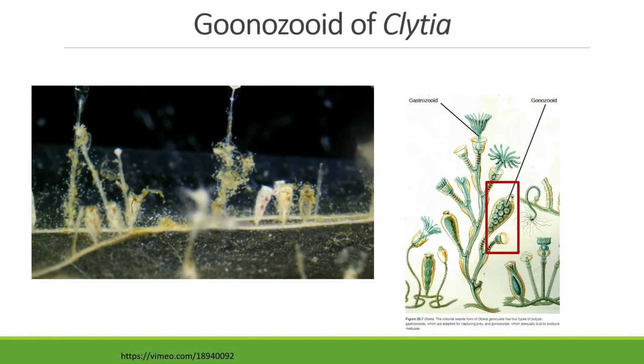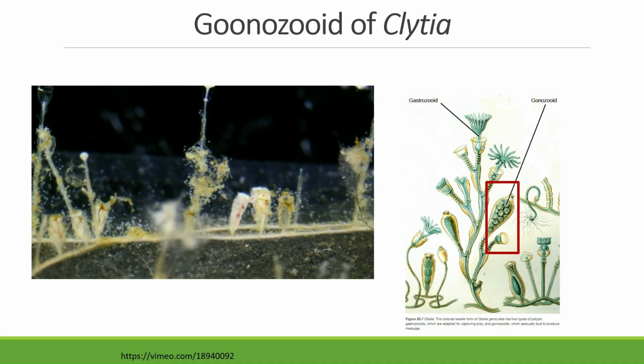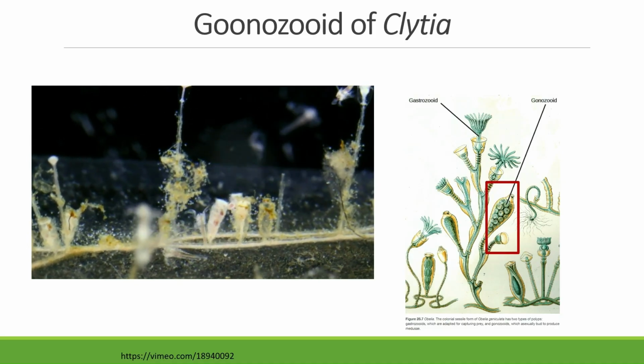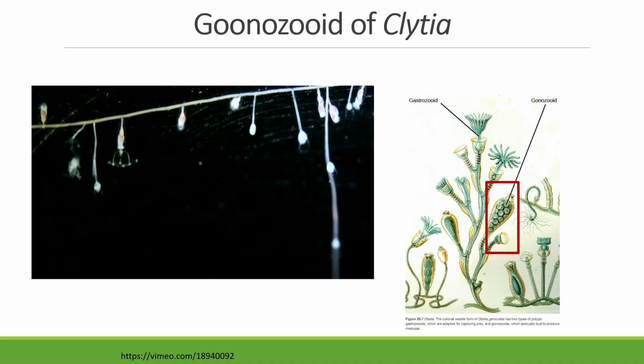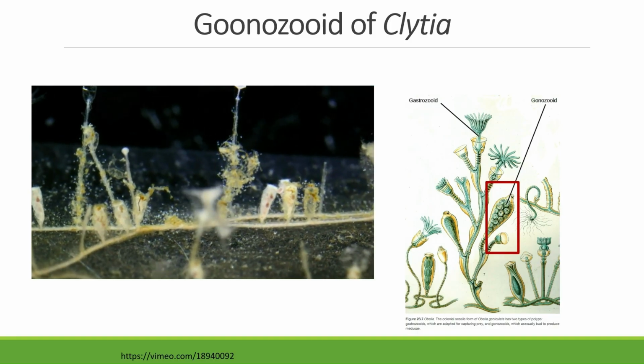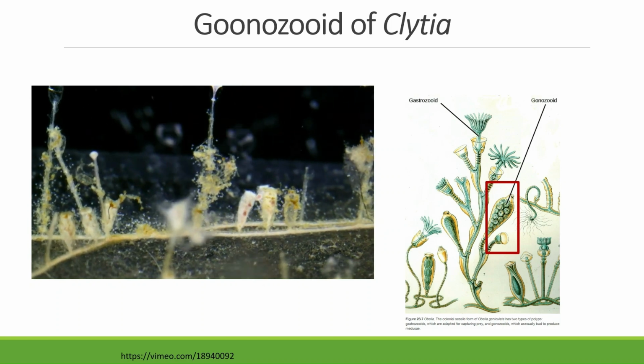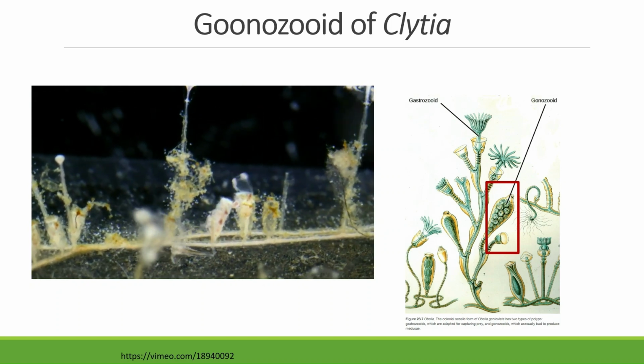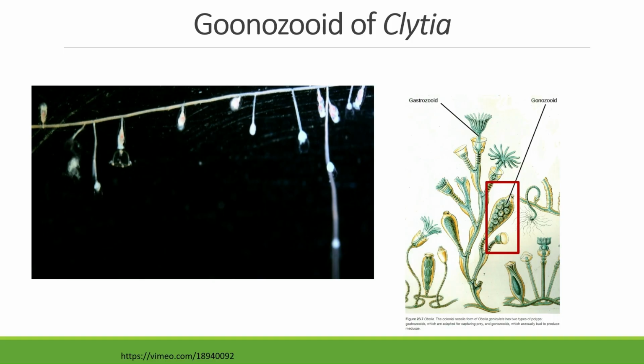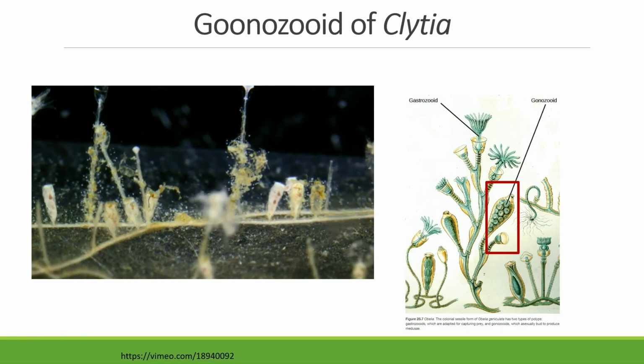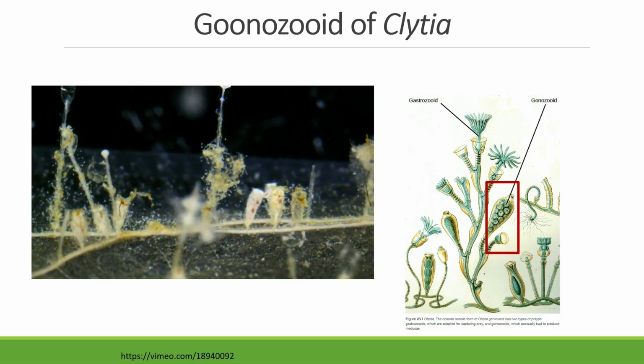And on the same colony, we have the gonozooids, and we can see them producing and releasing the medusa. Now remember, these medusae are the ones that are going to be capable of doing sexual reproduction. All of this so far is just asexual.